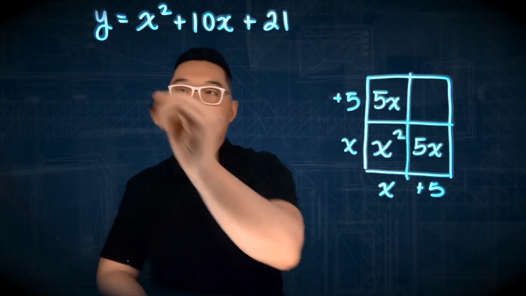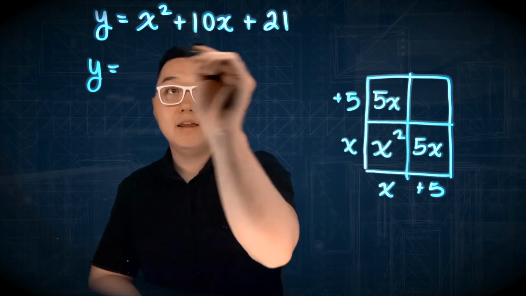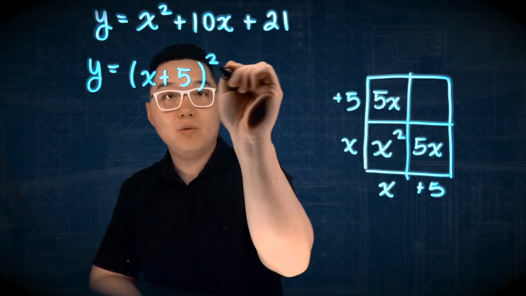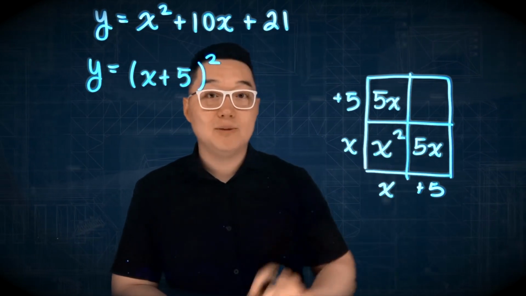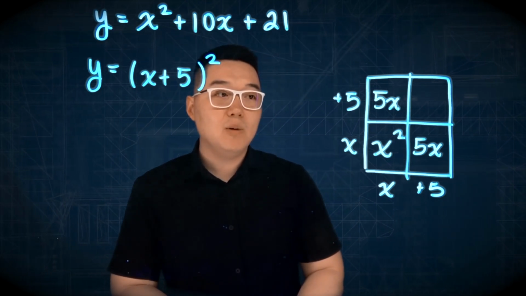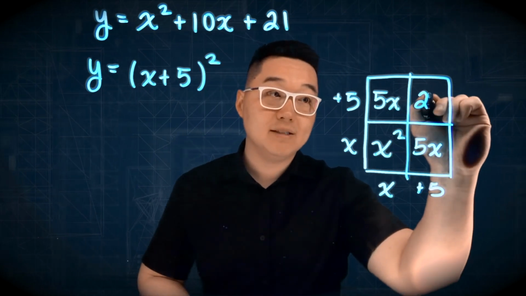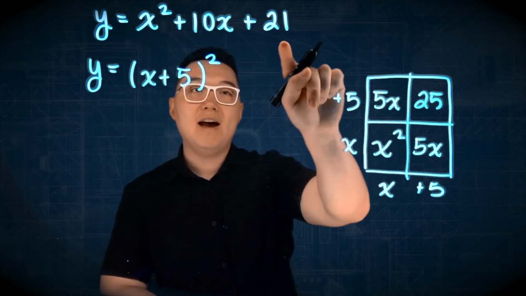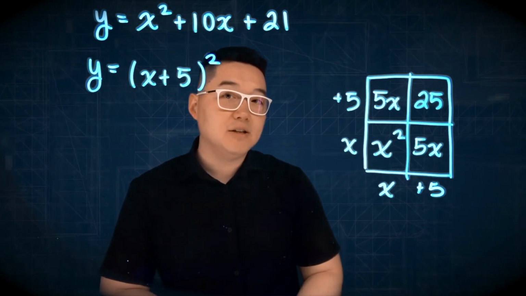So I can already see what the perfect square looks like. These should help me make an x plus 5 squared. But how many ones tiles do I need to build this perfect square? Well, 5 times 5, I need 25. However, I only have 21 ones tiles. So there's a problem.